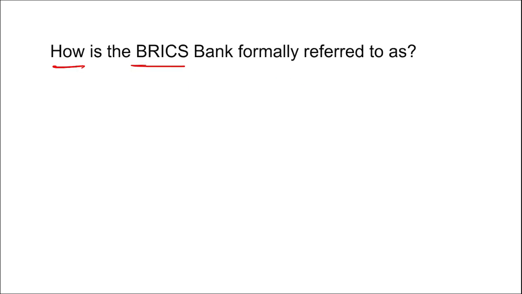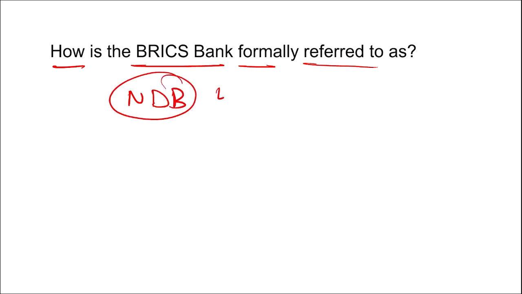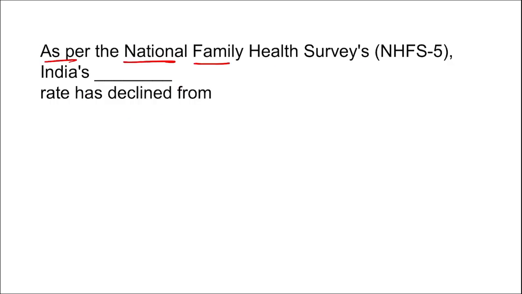Next, how is the BRICS Bank formally referred to? It is referred to as the New Development Bank. Easy question. Next, as per the National Family Health Surveys, India's dash rate has declined from dash. Tell me, this is incomplete.